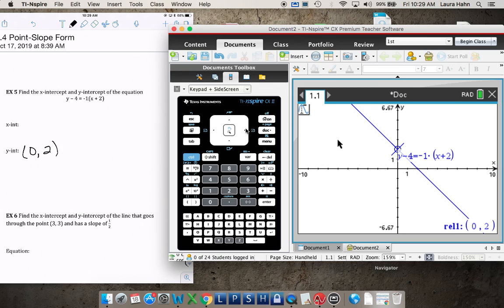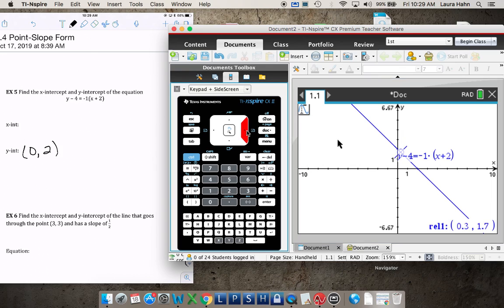So I'm going to use this right arrow key until I'm on top of the x-axis. Remember that the word zero will pop up, because zero is just another word for x-intercept. So my zero is at 2, 0, your x-intercept. So that's a nice little trick. Remember, you can graph your equation in relation and use trace to find your x and y intercepts.